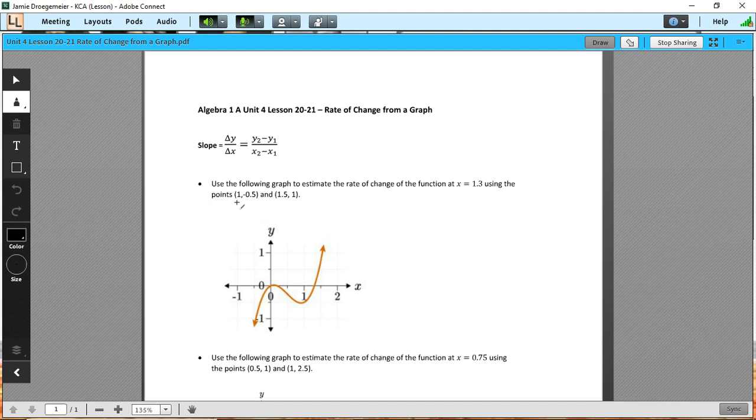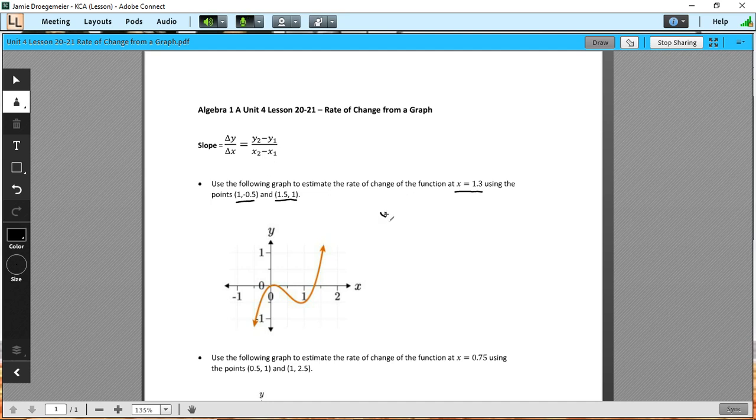We're going to use these 2 points that they give us that are on that curve to estimate it. So when x is 1, y is negative 0.5, and when x is 1.5, y is 1. We're going to use those 2 points as a guide to estimate what that slope is when x is equal to 1.3. So I'm going to use that formula.